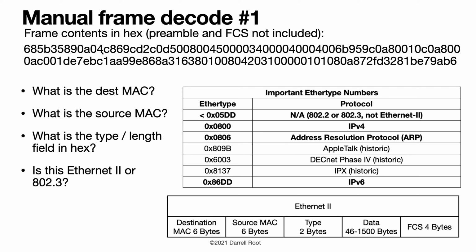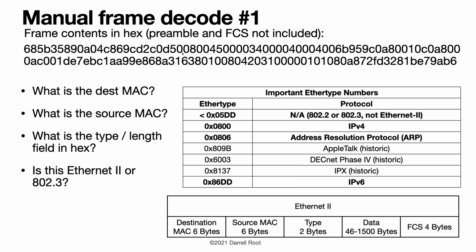That is the destination MAC address for this Ethernet frame. What is the source MAC address? Well, that is the next 6 bytes, so the next 12 hexadecimal characters. So the source MAC address is C8, 69, CD, 2C, 0D, 50.